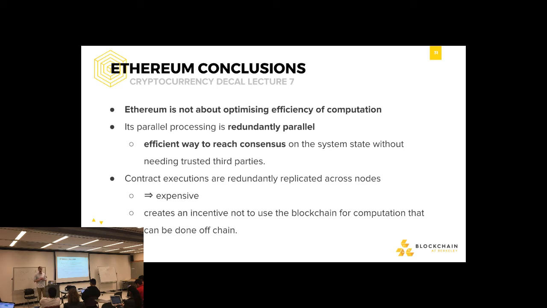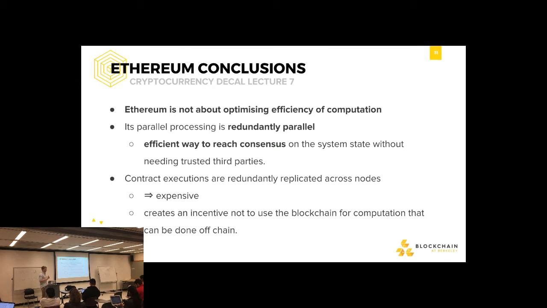One important thing to note about Ethereum is that it's not optimizing for computational efficiency necessarily. Instead, it's targeting a different use case where it's optimizing for distributed and trustless execution. All of these transactions are run across every single node in the network, so it's redundantly parallel.